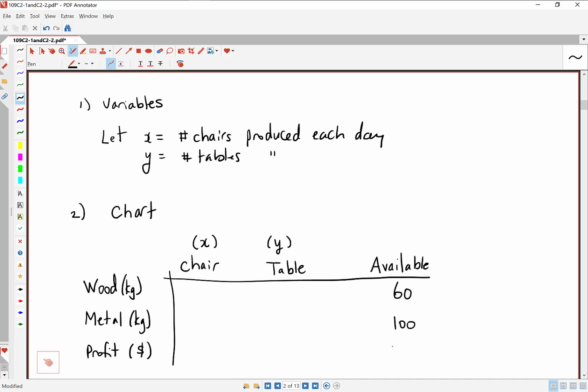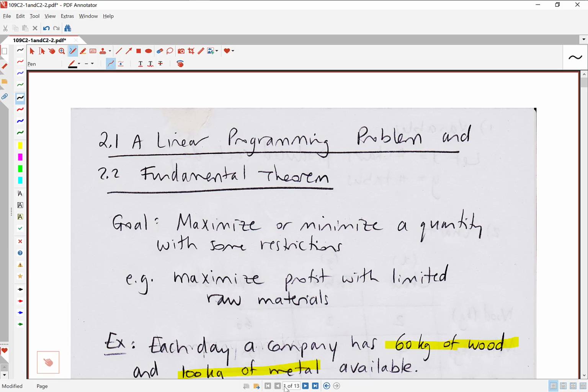There's not going to be a number in this position. Essentially, this position represents what we're trying to find. We're trying to figure out how to maximize the profit. So the point of the question is to figure out what's the biggest number that we could put here. So we'll just ignore that position for now. Then we'll fill in the column for chair and the column for table just by looking back at the question.